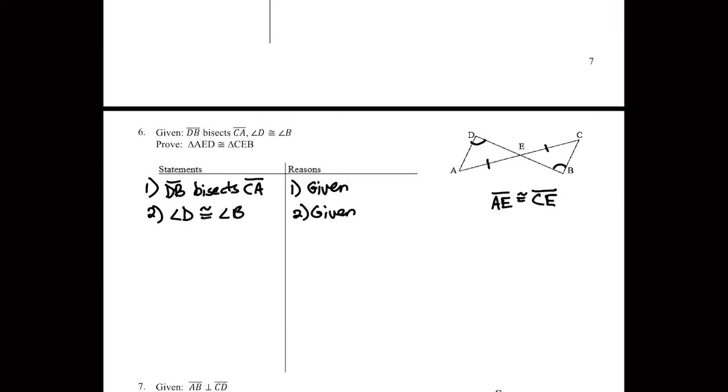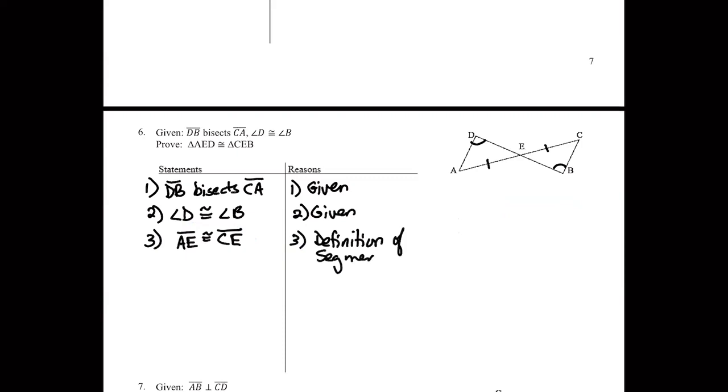Now to get the justification for the pair of corresponding congruent sides, I would talk about the definition of segment bisector. All right, so we just need one more either side or angle.